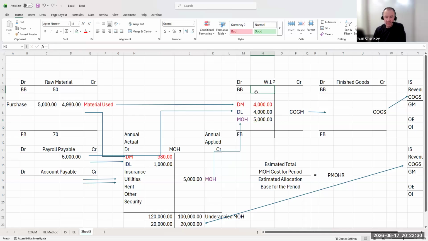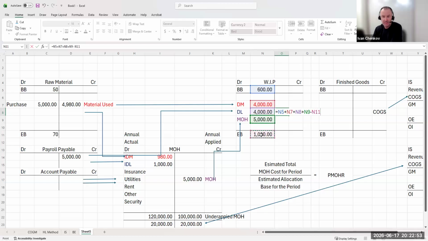Now you're going to have here a beginning balance, let's say 600, and then an ending balance of, let's say, 1,000. How much is the cost of goods manufactured? That will be beginning balance plus direct material plus direct labor plus manufacturing overhead minus the ending balance.